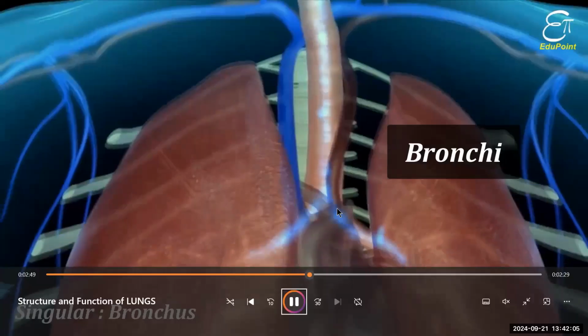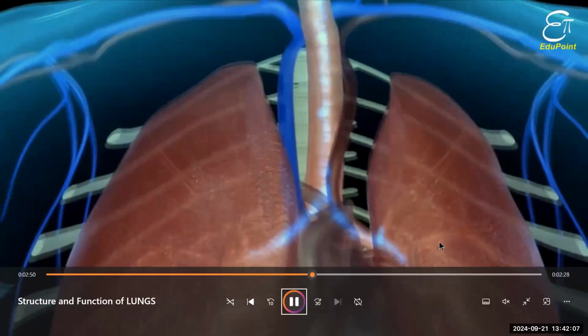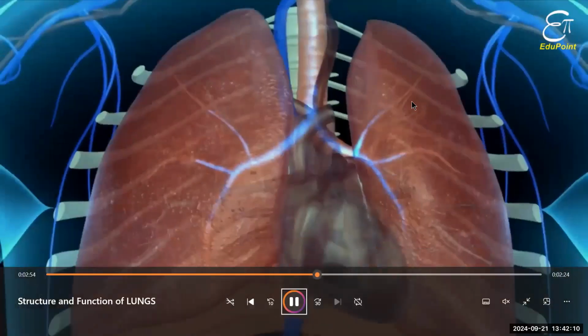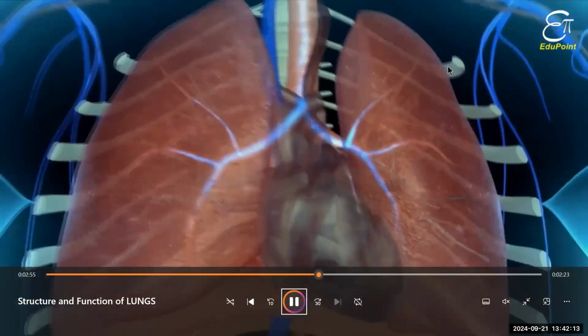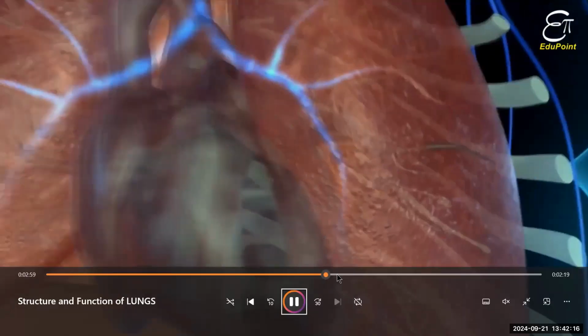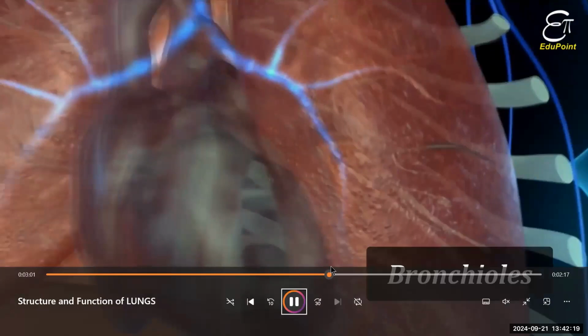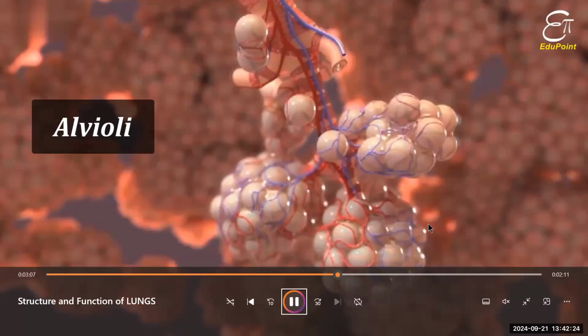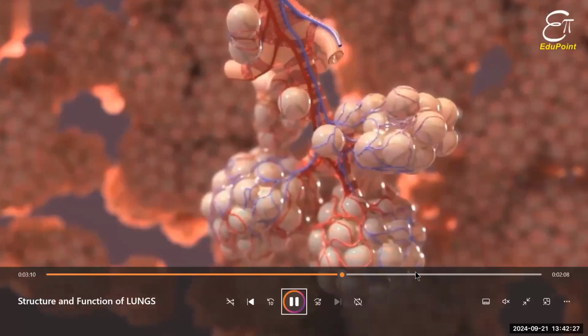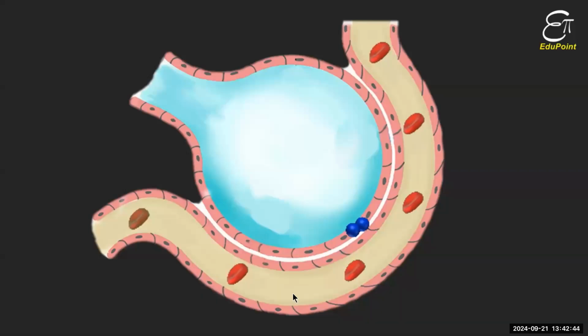Then it goes to the trachea, bronchus, and finally it goes to the bronchiole. Yeah, I think the rest of the things we can consider.